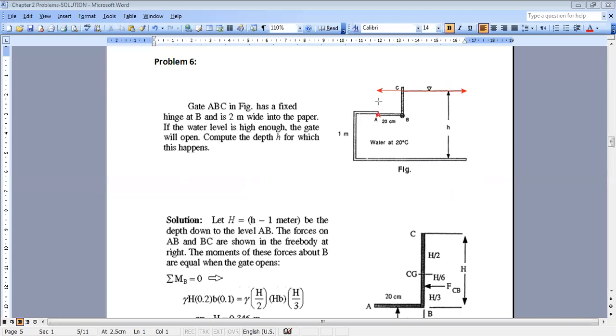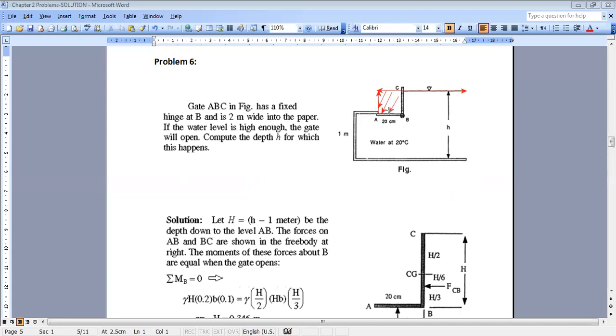The weight of this part, if it was filled by water, will be equal to the force of the water on the surface.